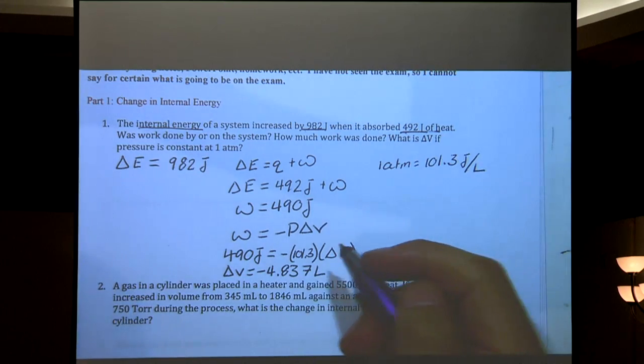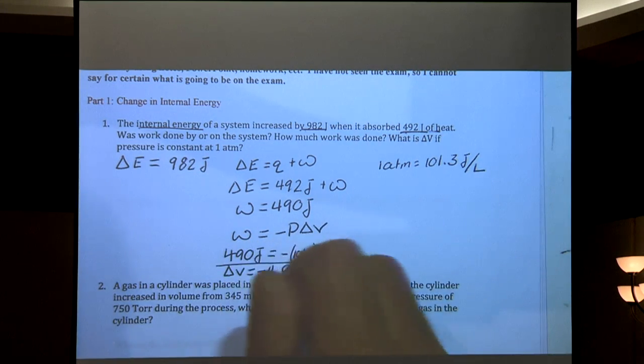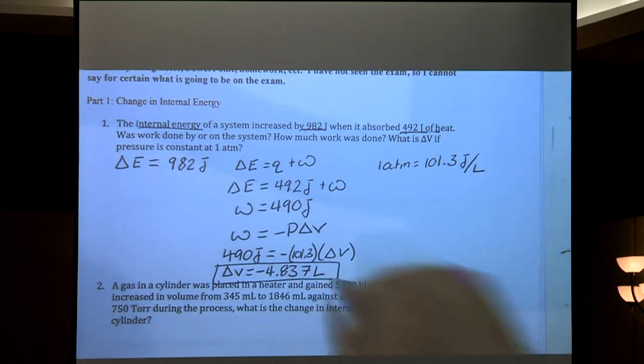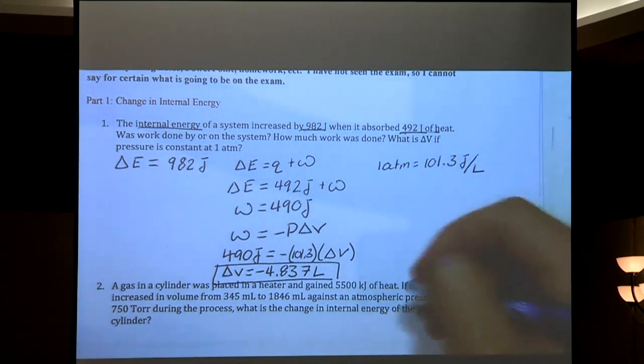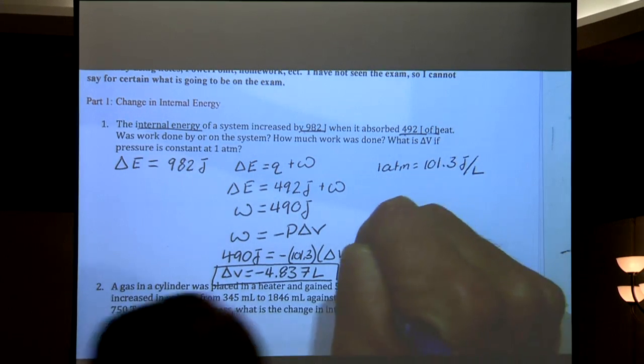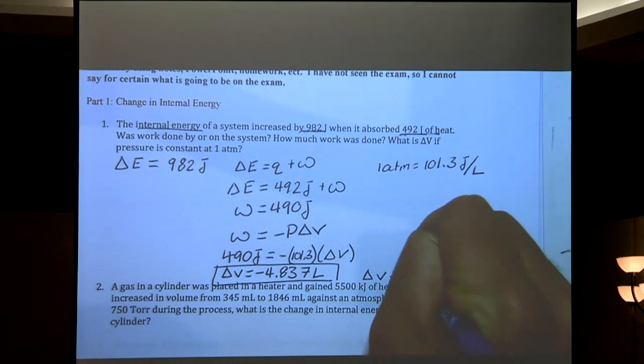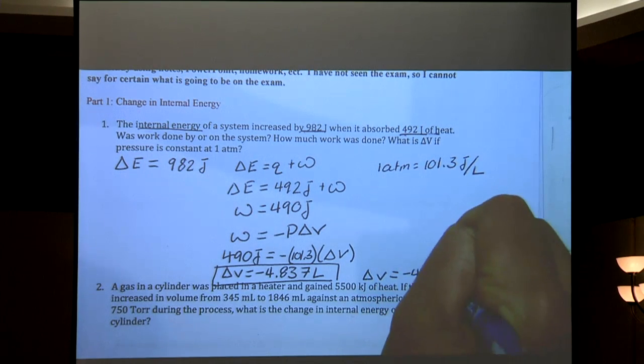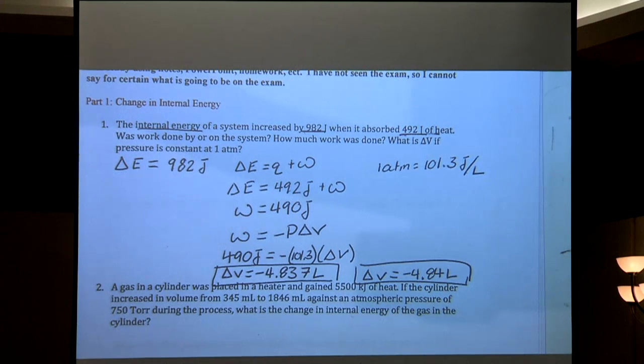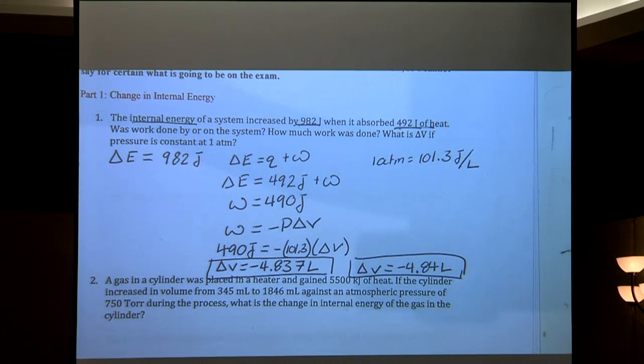Okay? Sig figs, we can keep it in 3 if we want, but you get the main concept. Delta V equals negative 4.84 liters. Any questions on this one? Yes, no, maybe? All right, let's keep moving.